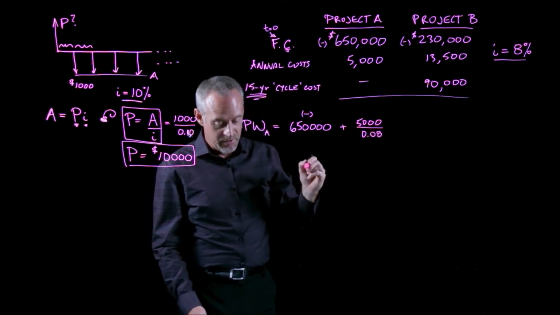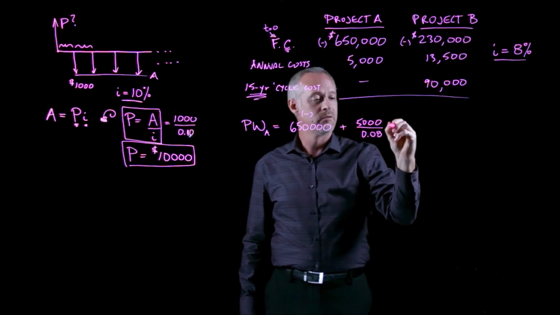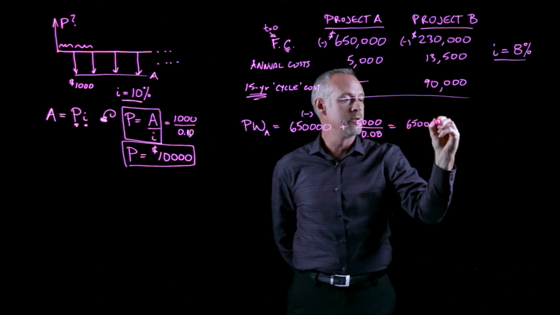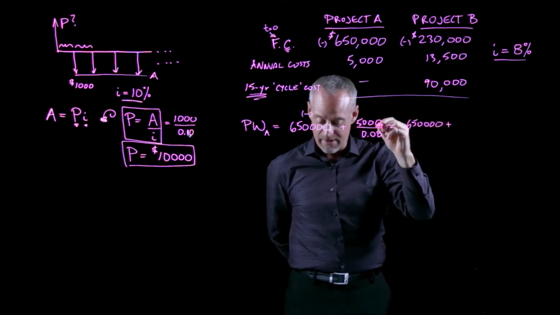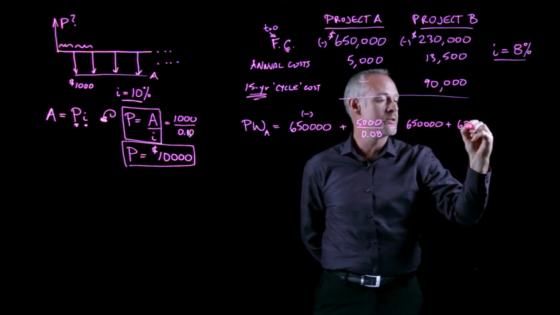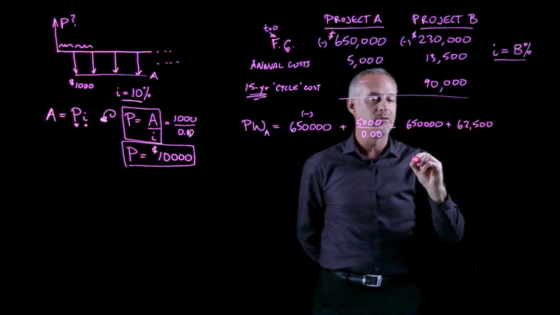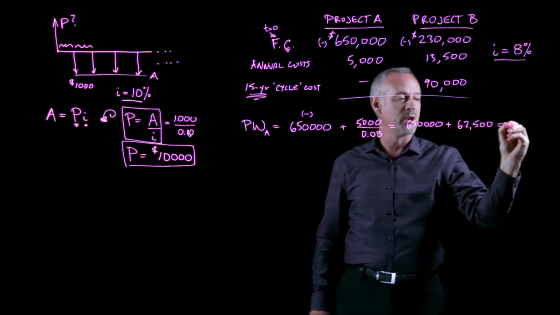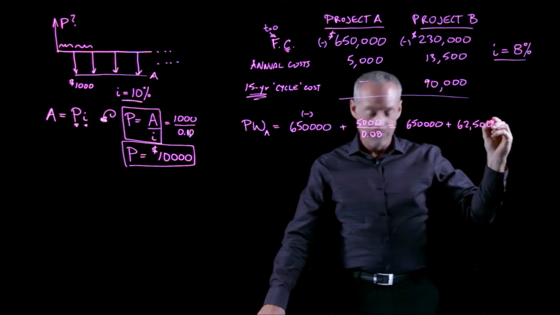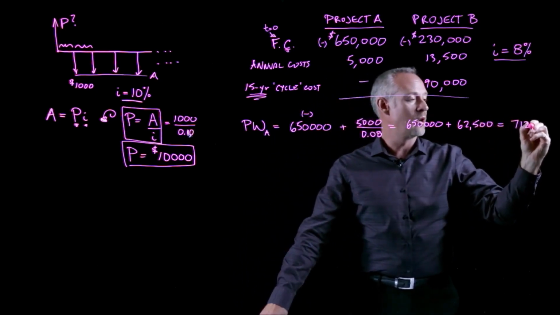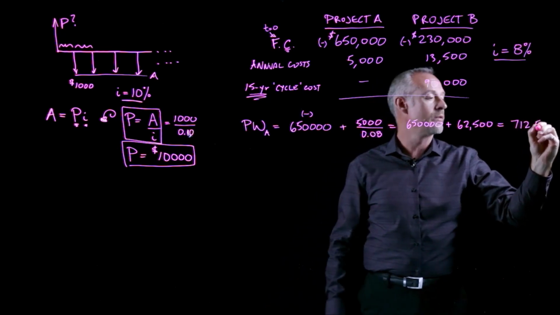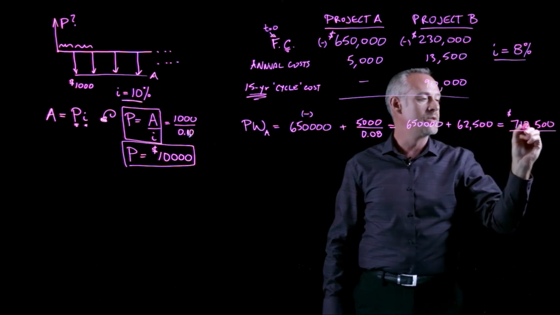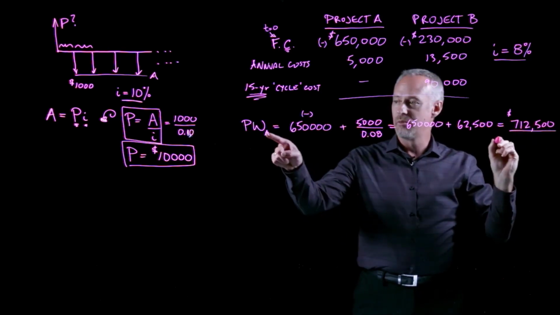Okay. So I can work out what those numbers are for this problem. So it's $650,000 plus my 5,000 divided by 0.08, which is $62,500. That gives me a total number of $712,500. So that is the present worth of project A.